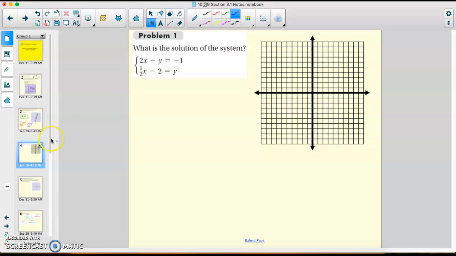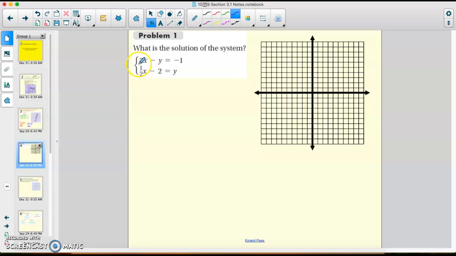All right, so what is the solution of the system? Now, I'm going to get these both into y equals mx plus b. It's just way easier for me. This one already is, but this one I'm going to get into y equals mx plus b.